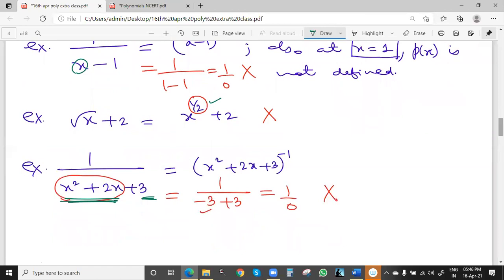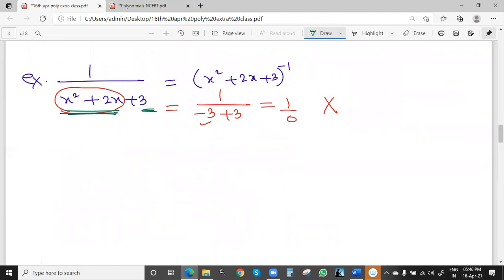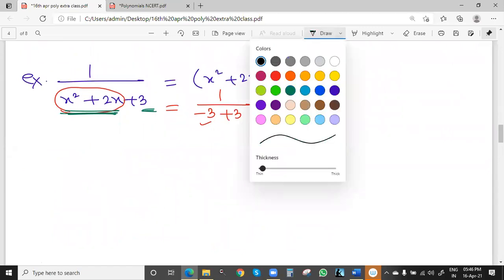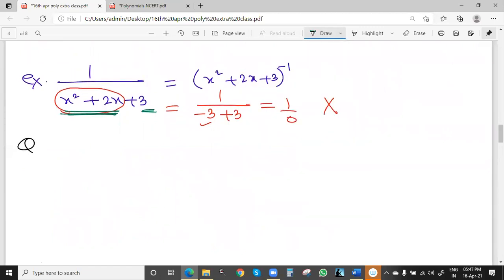Otherwise, if you have time, let me give some questions quickly. Directly, you just have to tell which type of polynomial it is. The first one is root 3 x plus 5. Next, y plus root 2. Everyone will tell their answer.